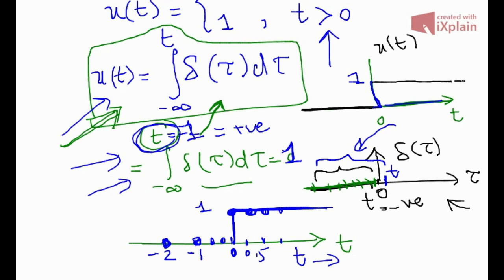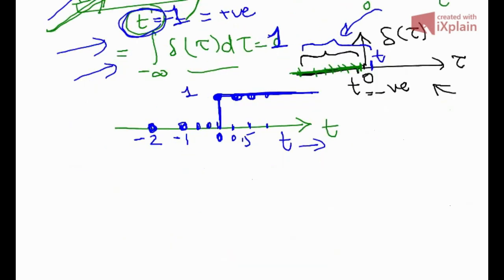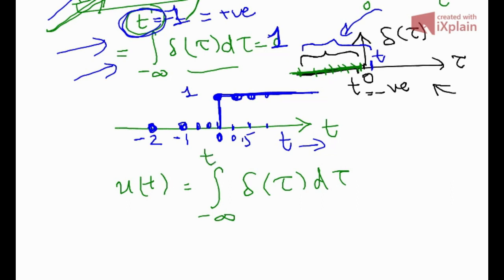So you can represent your unit step function u of t as the integral of delta of tau d tau from minus infinity to t. This is our definition.